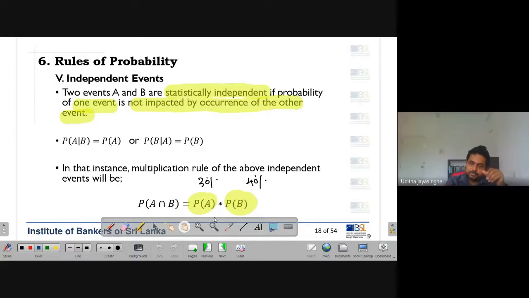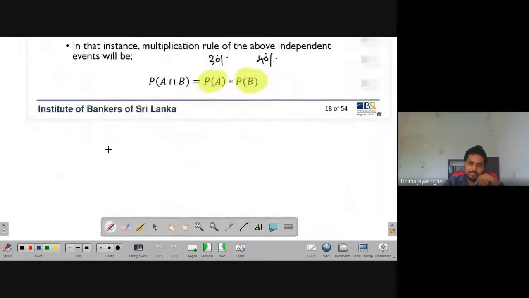Let me quickly do a sketch to clarify it a little further. Machine 1, uptime, downtime. Machine 2, uptime, downtime. This is 98% and 2% downtime. The second machine is a bit more troublesome, 90 up, 10 down.